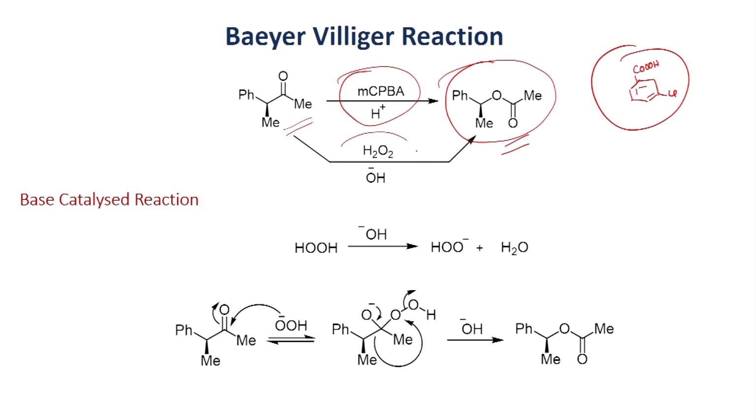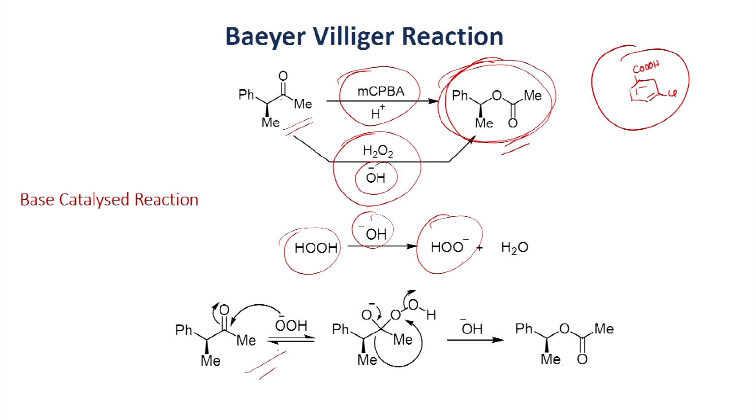You can also react it with hydrogen peroxide in the presence of base, and it can also produce the ester. When you treat hydrogen peroxide with base, you will generate this nucleophile, which can undergo addition reaction followed by rearrangement to give this ester.